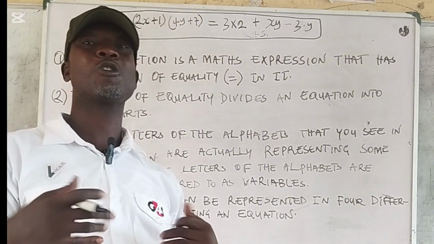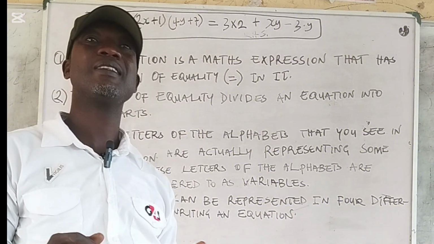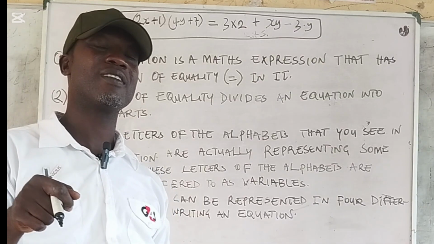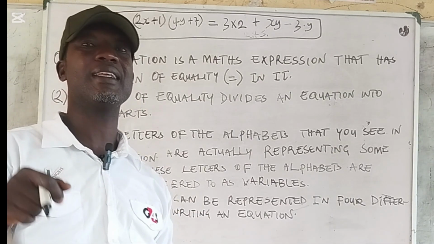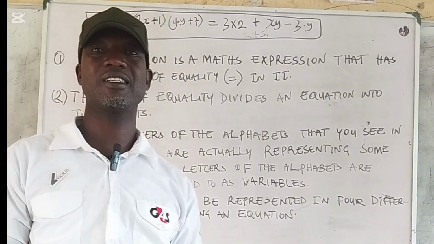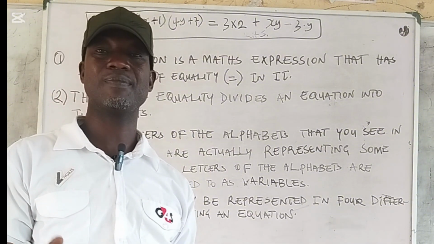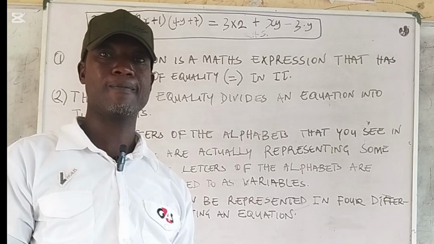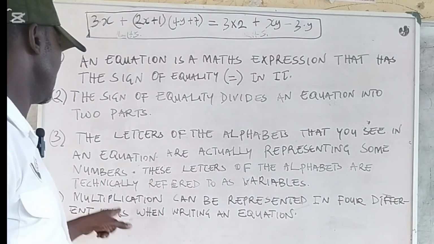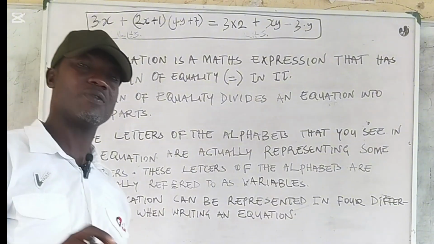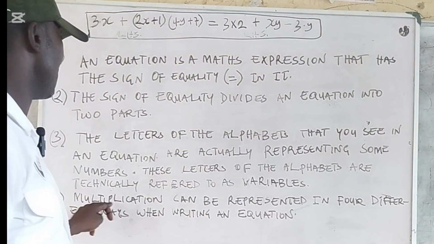So when they say solve an equation, it means look for the value of that number that is represented by the alphabet of the English language. That is just what it means basically. Okay?